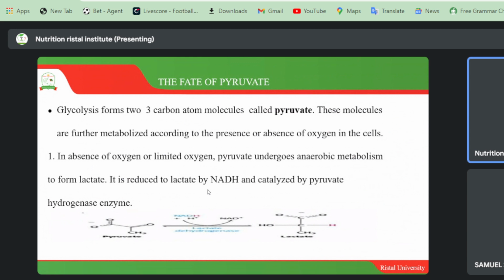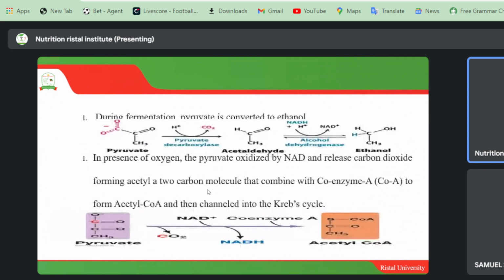Right down here is an illustration or a visual that you can refer to. However, there are very many sources of these visuals online. You can just type in anaerobic respiration or conversion of pyruvate to lactate, and you have all the visuals you need.